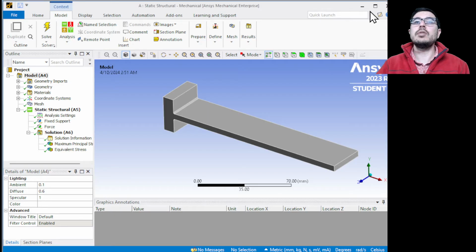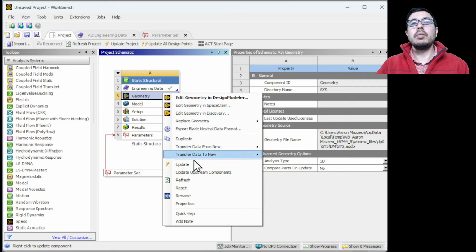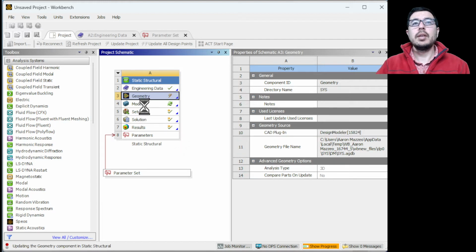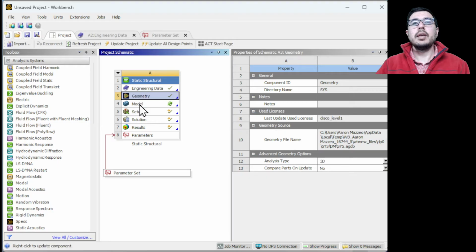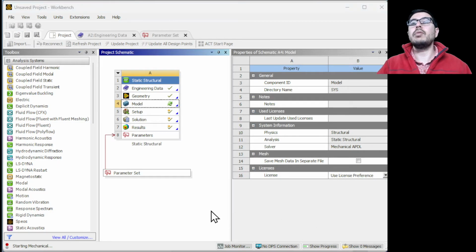It didn't do that, so I will go here manually and do update upstream components, or just update. We'll do update. Okay. And now when we open up the model here, yes, that's what I was looking for.